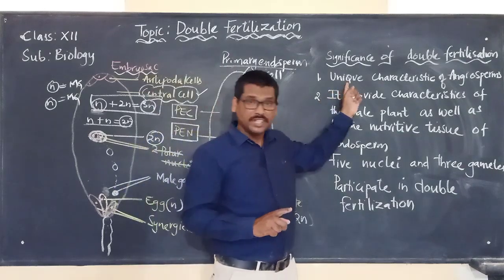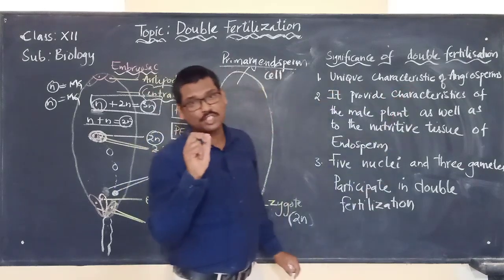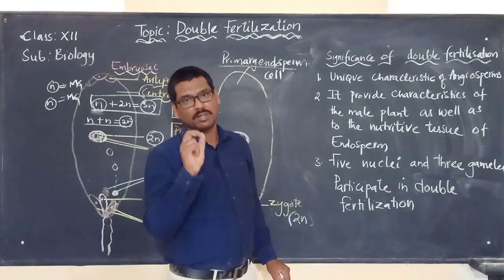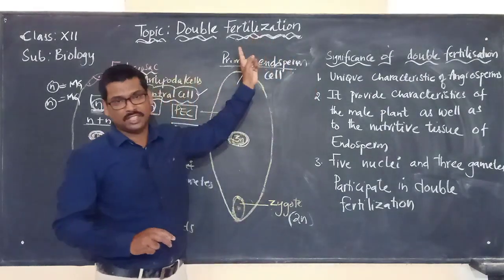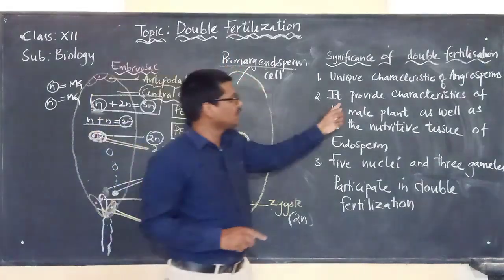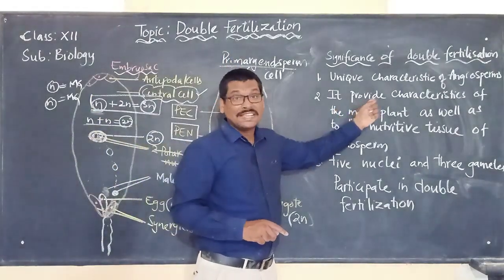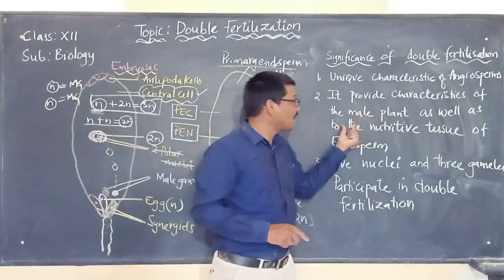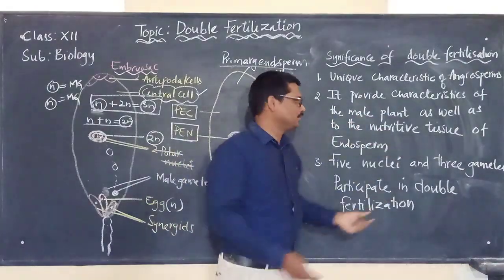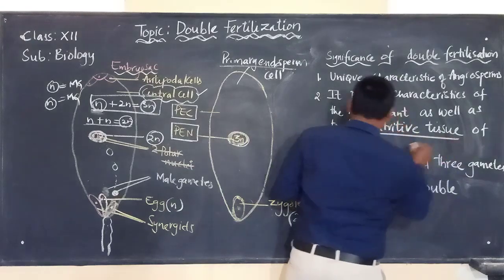Remember, it is a unique characteristic of angiosperms. All angiosperms show this characteristic of double fertilization. The second thing is that it provides the characteristics of the male plant to the nutritive tissue as well. What is the nutritive tissue?